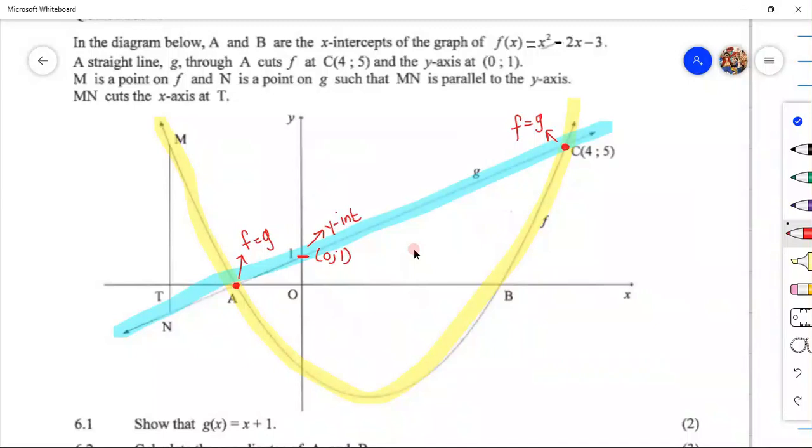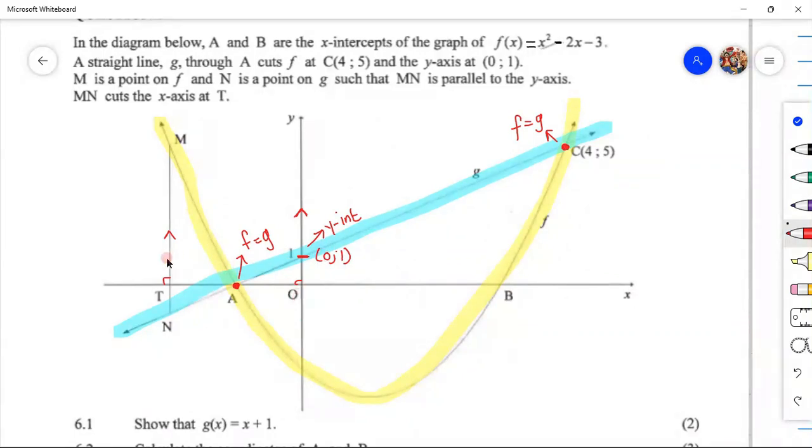Now, M is a point on f and N is a point on g, such that MN is parallel to the y-axis, MN cuts x at T. So we know that MN is parallel to our y-axis. So because MN is parallel to our y-axis, it means it's a straight vertical line that is perpendicular to the x-axis, just as y is perpendicular to the x-axis.